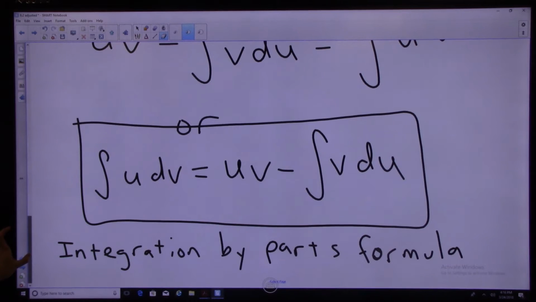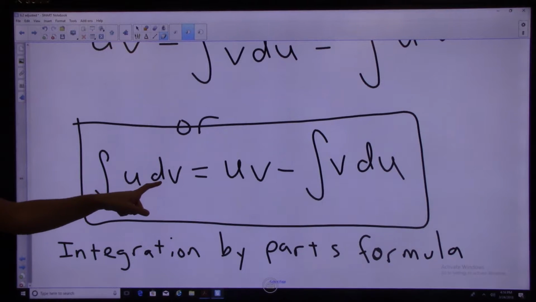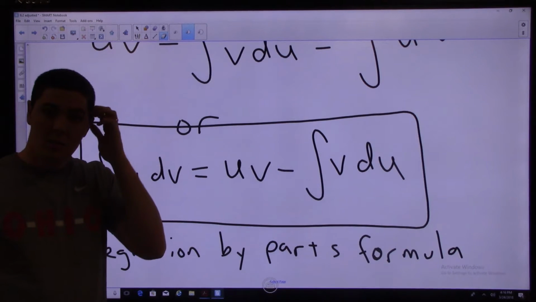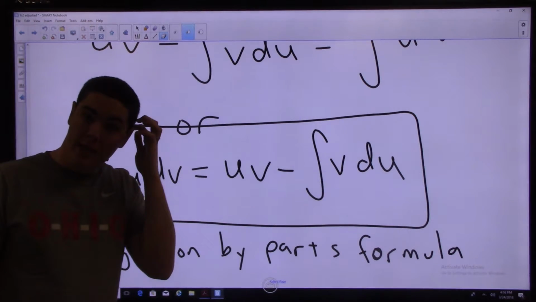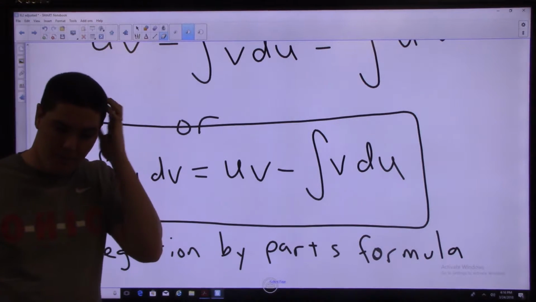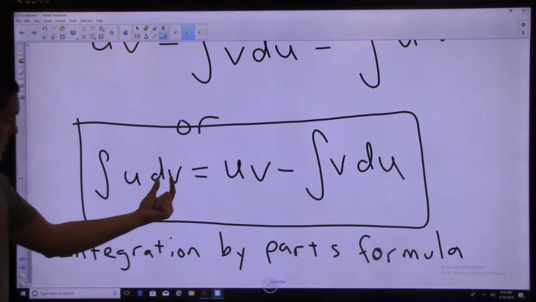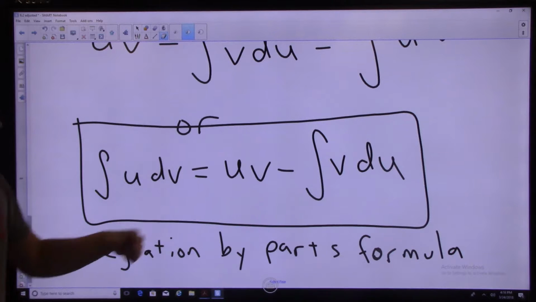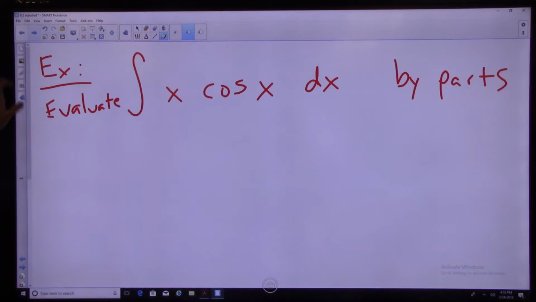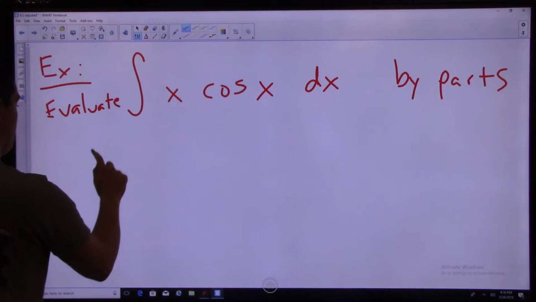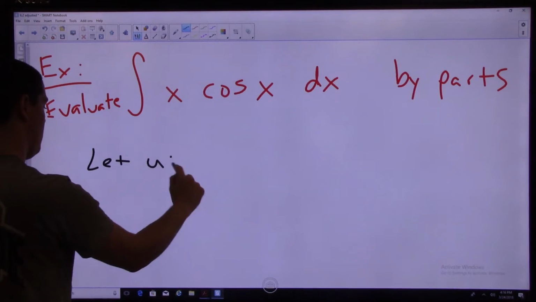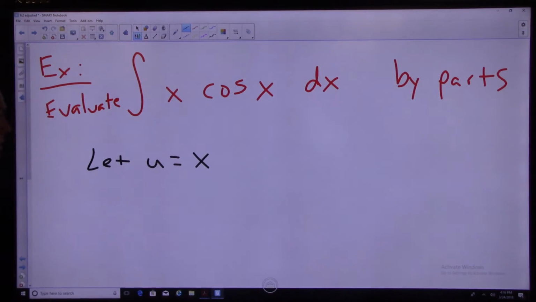Our formula, the integral of u dv, is equal to this stuff. So that's why I need to pick a u, and I'm going to let the other quantity be dv. Again, it might not make a ton of sense. Just bear with me here. I'm going to let u equal x.